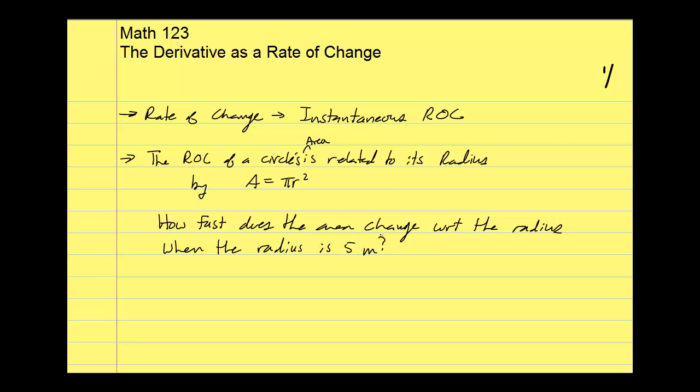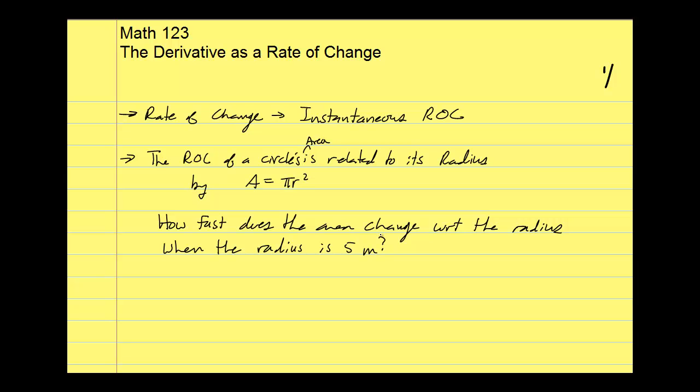What ends up happening here is, as the radius is increasing, the area is changing at a different rate. If we're going from, let's say, 10 meters radius up to 11 meters radius, that's going to have a different impact than if we were going from 100 meters radius to 101 meters radius. So the question is, how is that occurring?